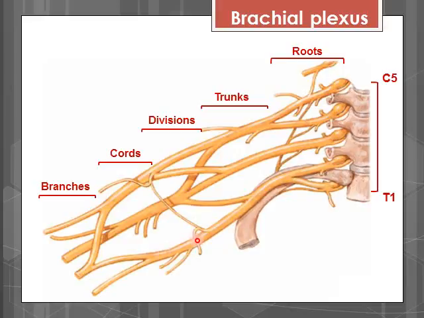The posterior divisions of the three trunks unite to form the posterior cord. The cords are named lateral, medial, and posterior according to their relation to the second part of the axillary artery.